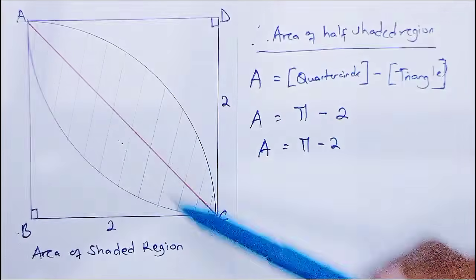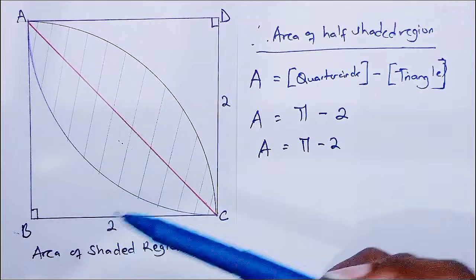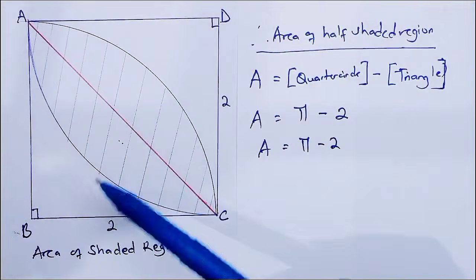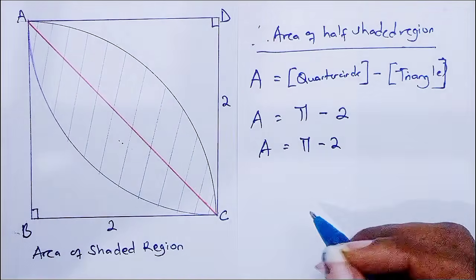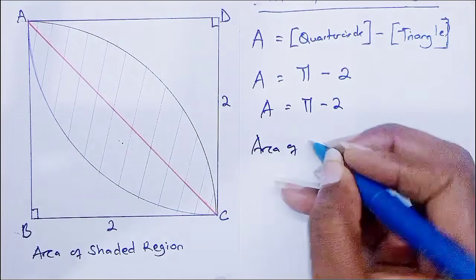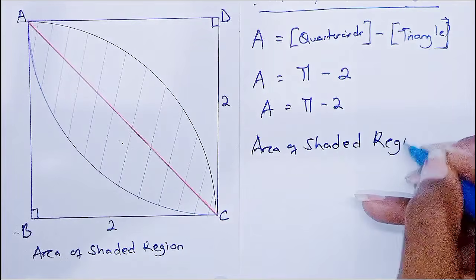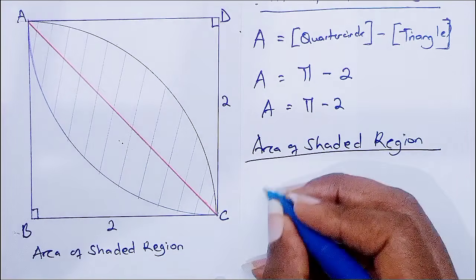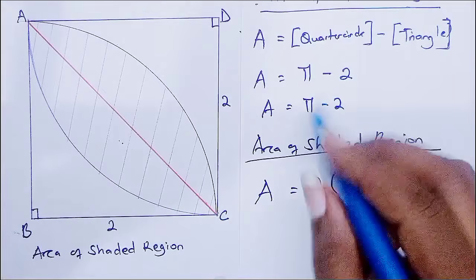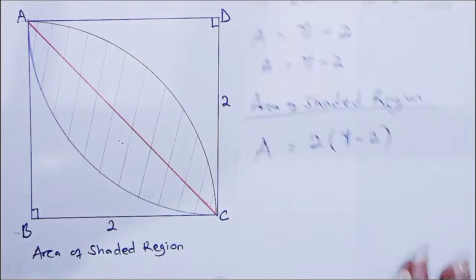But since AC bisects this square into 2 equal parts, that means that half of this shaded region is equal to the other half of the shaded region. Okay, therefore area of shaded region is equal to 2 times the area of half of the shaded region, which is pi minus 2.